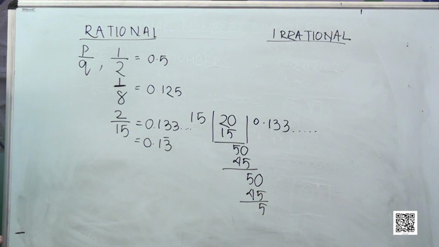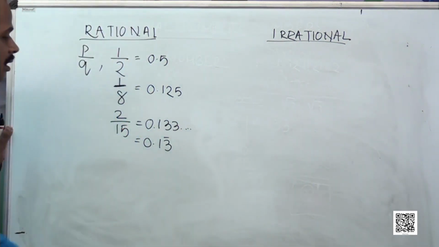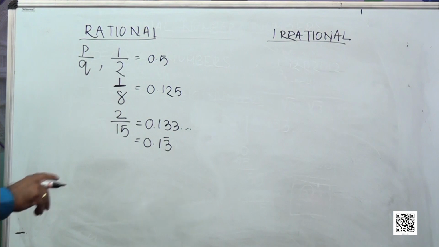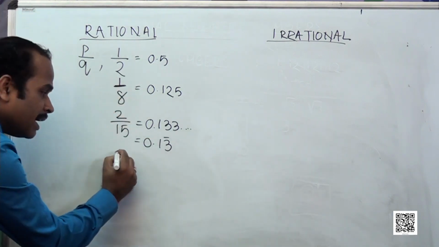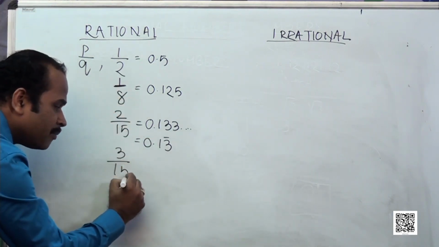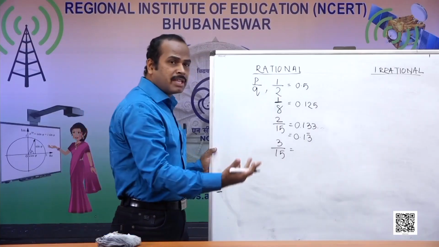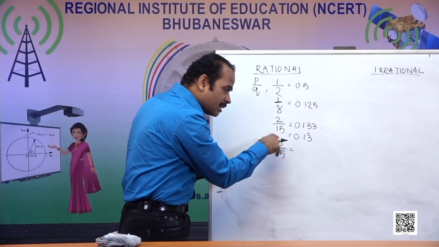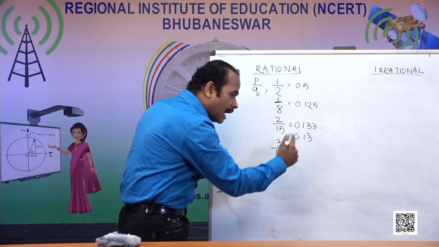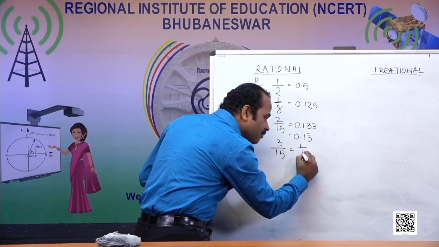0.1333 and so on is written as 0.13 bar. Bar is given on 3. Now, as 2 by 15 becomes 0.13 bar, if instead of 2 by 15 it were 3 by 15, what will be the result? If it is 3 by 15, this can be reduced and you will find it is 1 by 5.